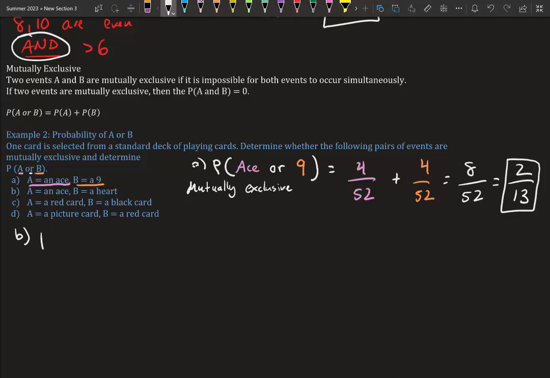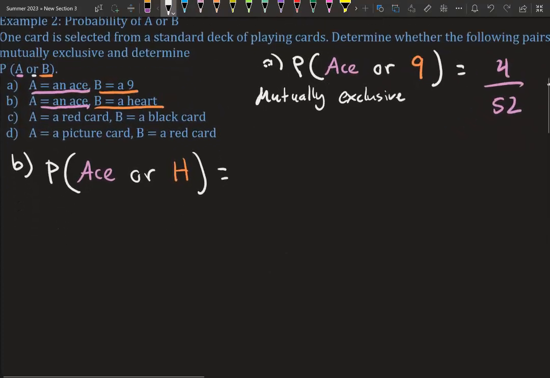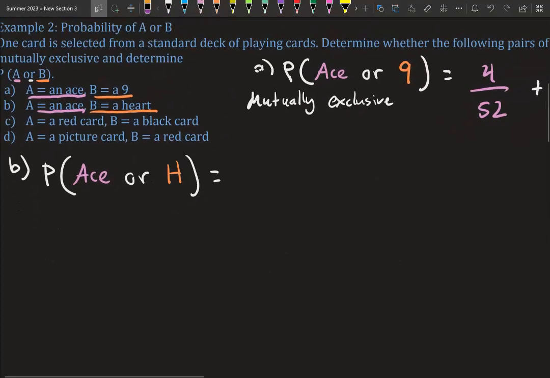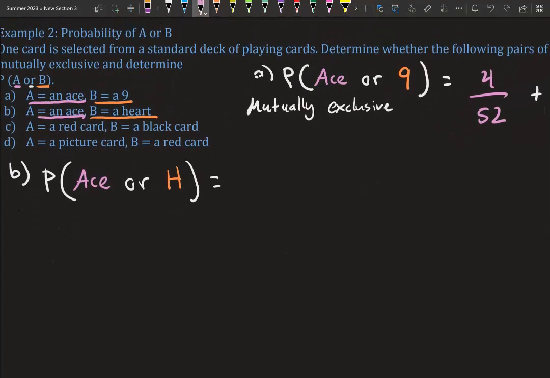We want to know the probability of an ace or a heart. All right, as always, we're just going to go based off of each piece. So our first piece is A. So the probability of an ace, remember there's 4 out of 52 aces.